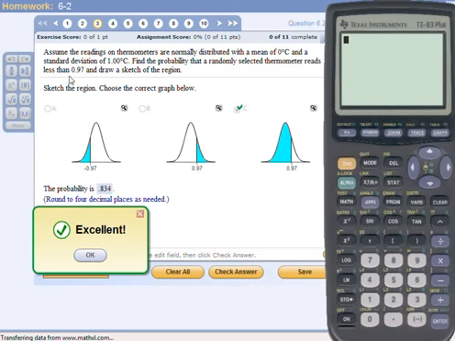A reading of less than 0.97. Well, here's, in this curve, not mean, where it reads less than 0.97, we have negative 0.97. Okay, we can knock that one out.